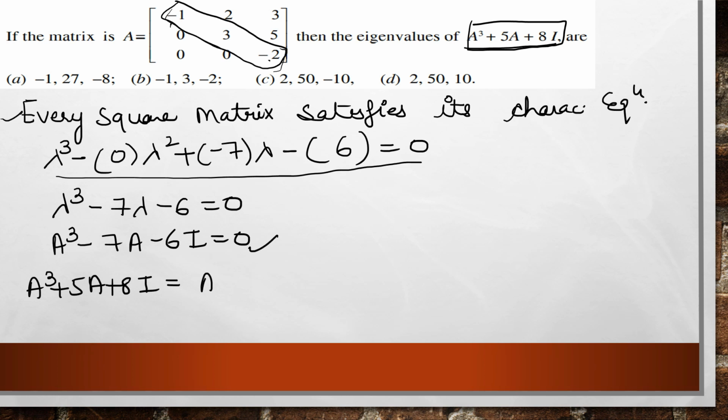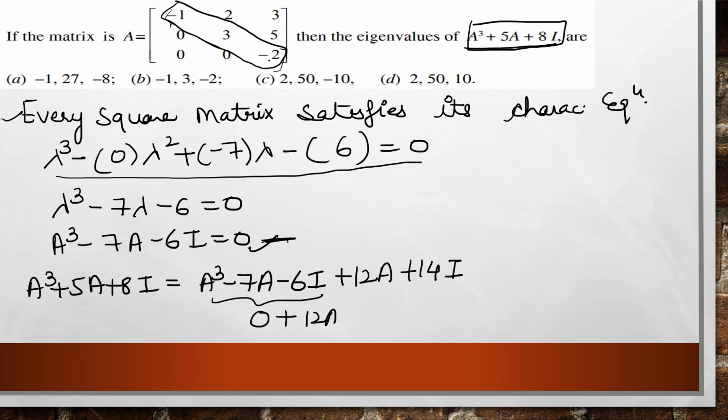Can I write this as A cube minus 7A minus 6 identity, plus 12A, and plus 14 identity? Obviously, right? So the first part is actually 0 by using the Cayley-Hamilton theorem. So this expression comes out as 12A plus 14 identity.